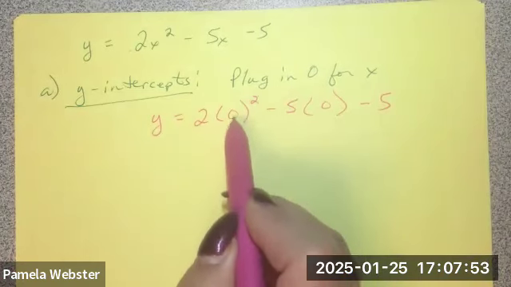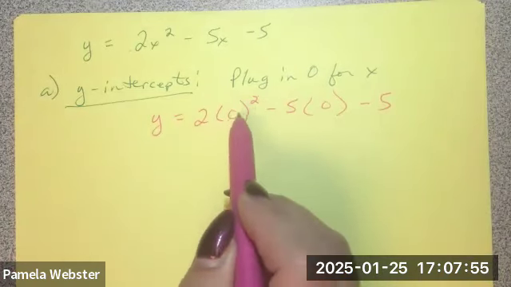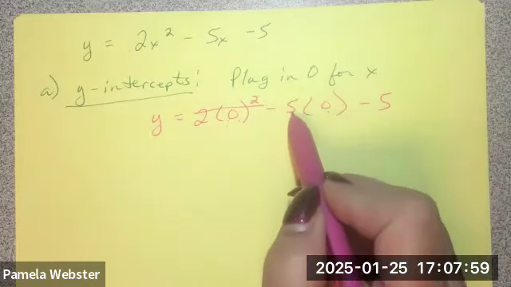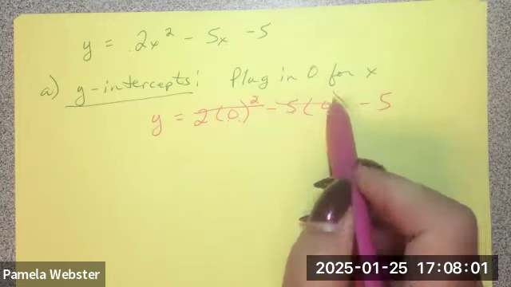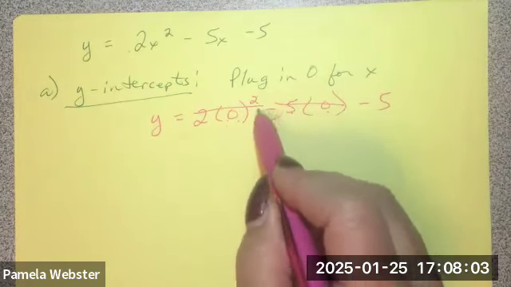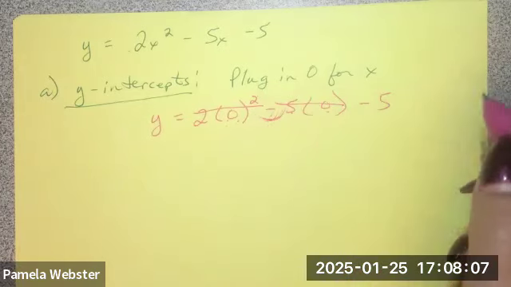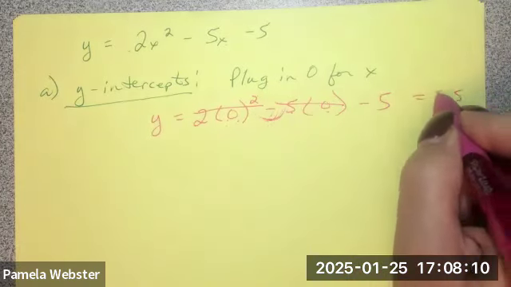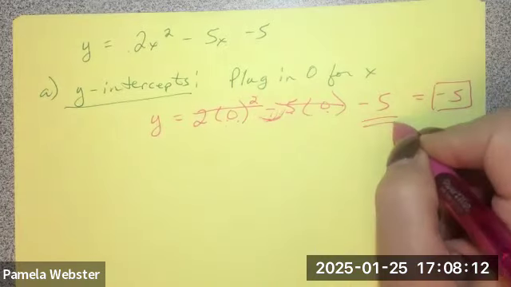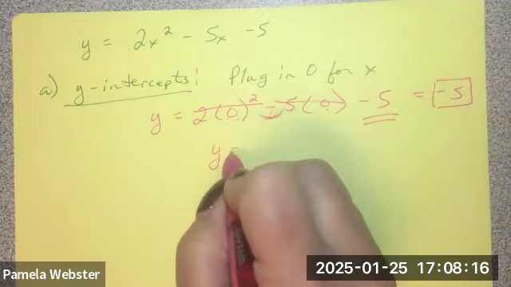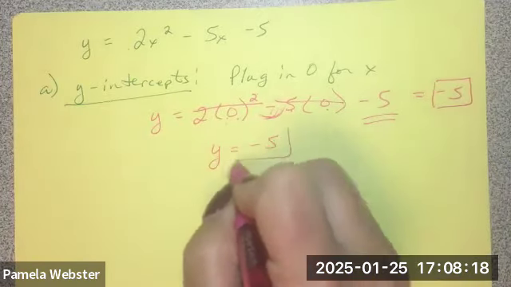What's 0 squared? 0 times 0 is 0. 0 times 2 is 0. That goes away. 0 times 5 is 0. That goes away. Does it matter if it's positive or negative 0? No, because it's still 0. So all we get left over is negative 5. Right? So my y-intercept is y equals negative 5.